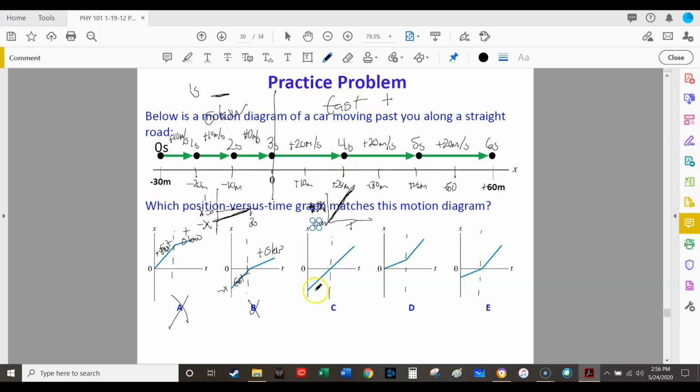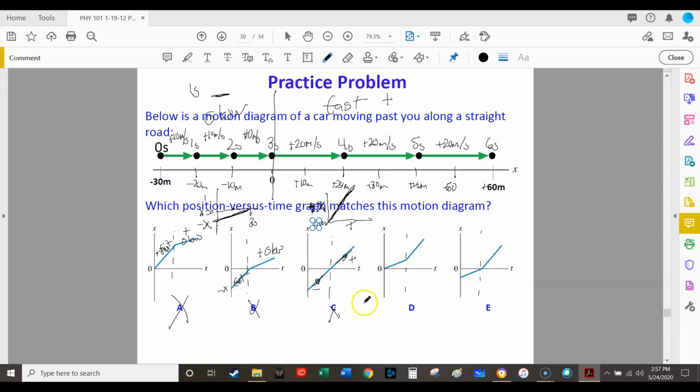Okay. C looks like it's showing a constant velocity. See these little slopes here? It's the same as the slopes over here, and it does show a negative initial position and a positive final position. But since it's not traveling at a constant velocity the entire time, it's got a slow velocity and then a fast velocity, so it's sped up a little bit. Okay, so C is incorrect.